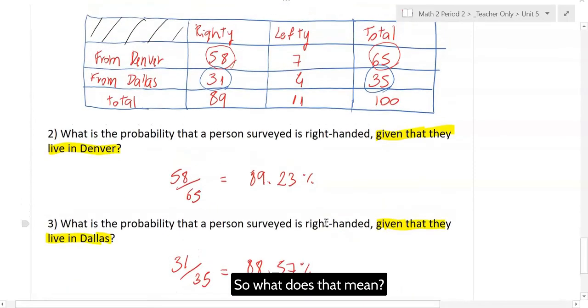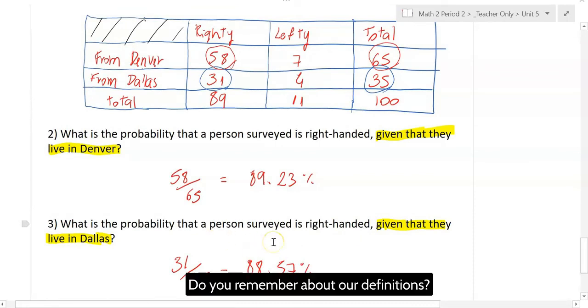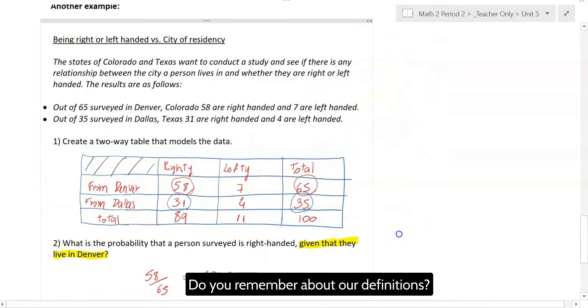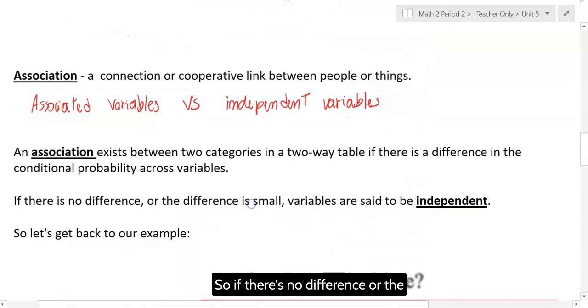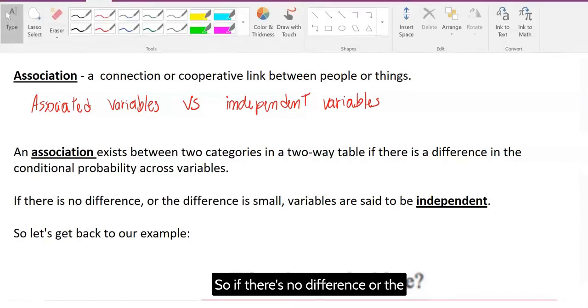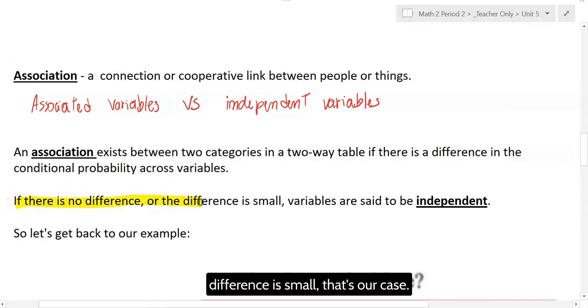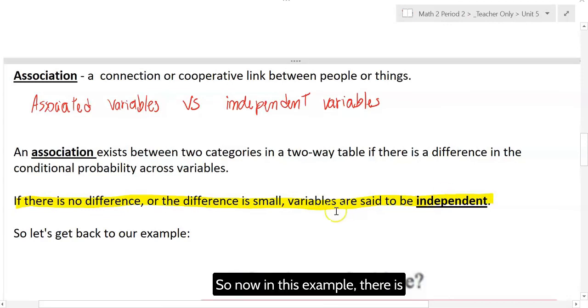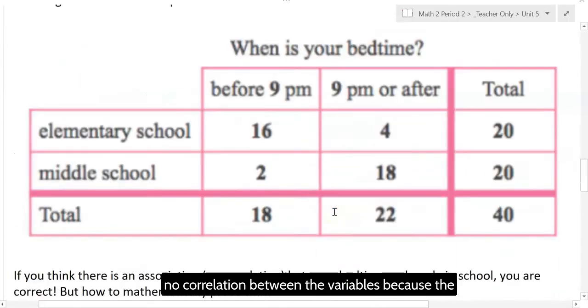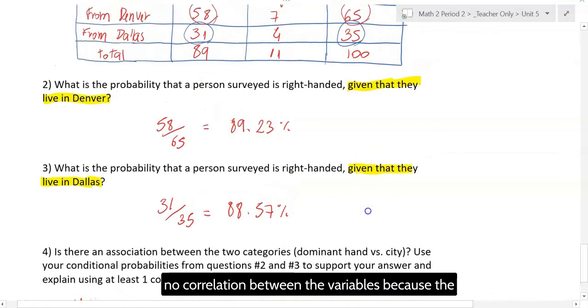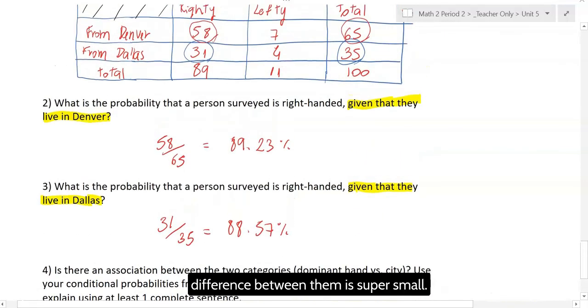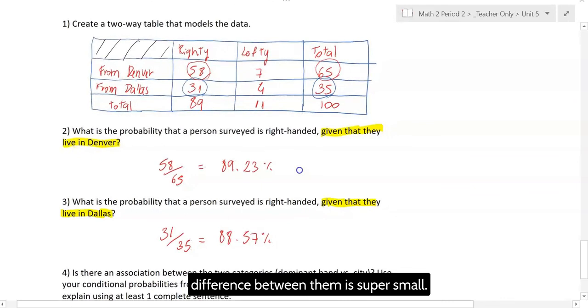So what does that mean? Do you remember our definitions? Let me go up. If there is no difference or the difference is small, that's our case, the variables are said to be independent. So now in this example, there is no correlation between the variables because the difference between them is super small.